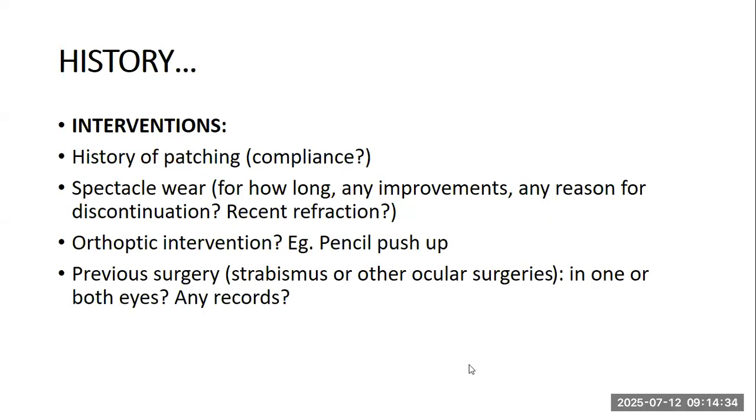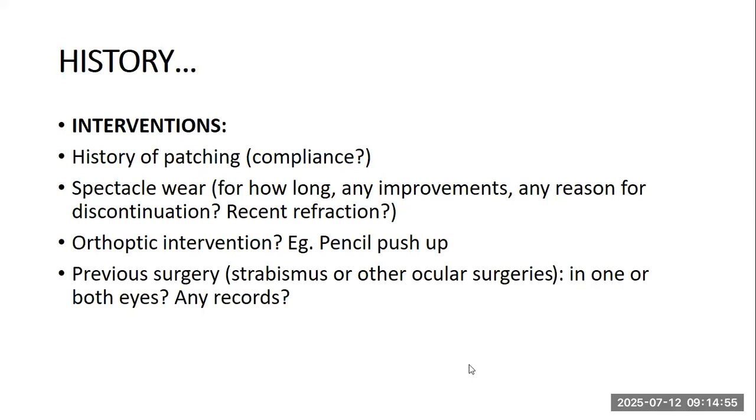You want to know if the child has had a previous surgery. Some of these patients may present to you with a consecutive strabismus because they may have gone somewhere else. In trying to correct an exotropia, the exotropia is overcorrected. Now the patient has a consecutive esotropia.